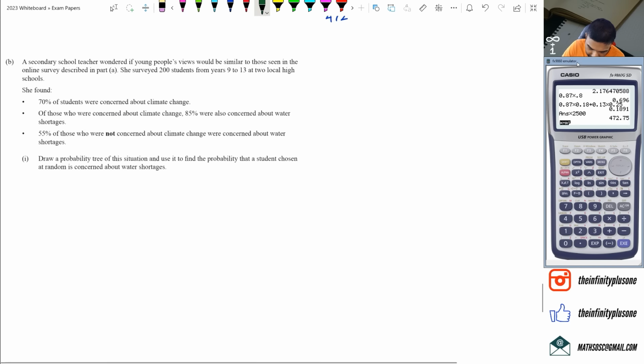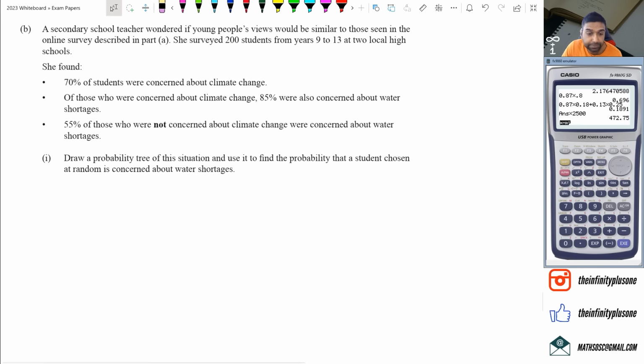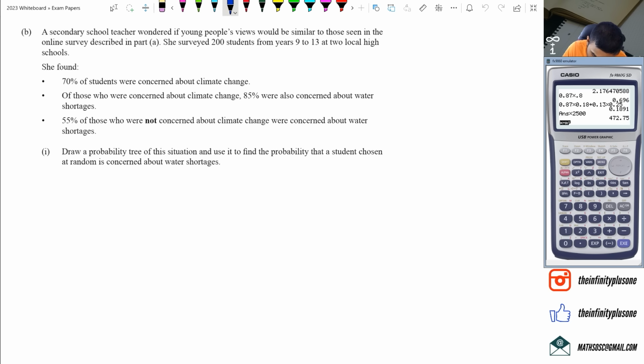Okay, so the next question here, I've got a probability tree. So we're going to start drawing up the probability tree here. First off, we've got climate change, which is going to be 0.7. 0.3 is not worried about climate change at all.